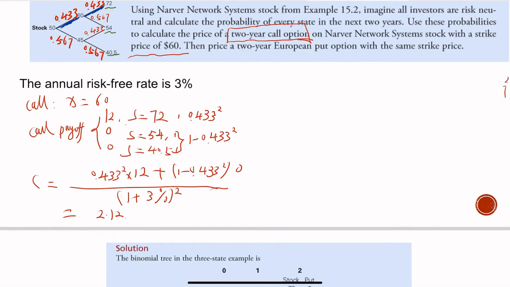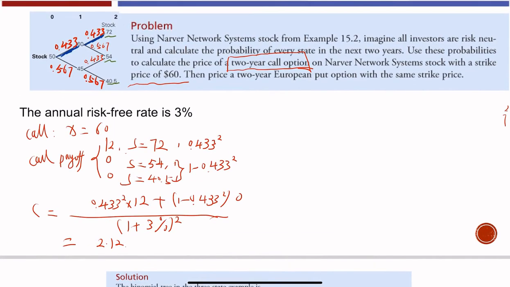Okay, now let's look at the put option. The idea is quite similar to valuing the call option, right? So we have a put. Its exercise price is 60. And let's look at the put payoff here. So if the stock price is 72, then the put payoff is just 0 because it's a put, right?